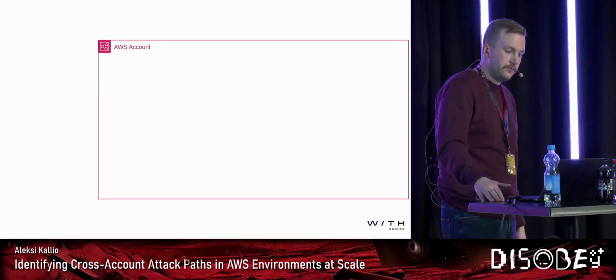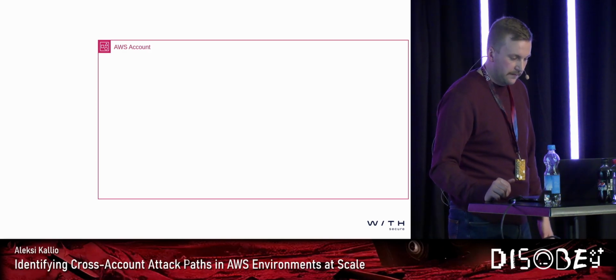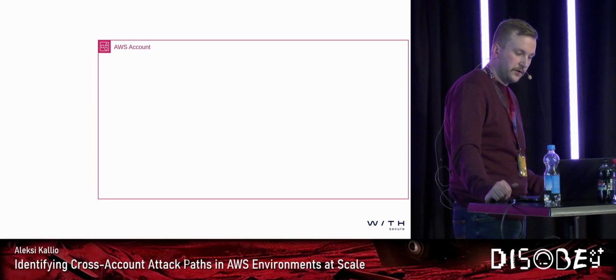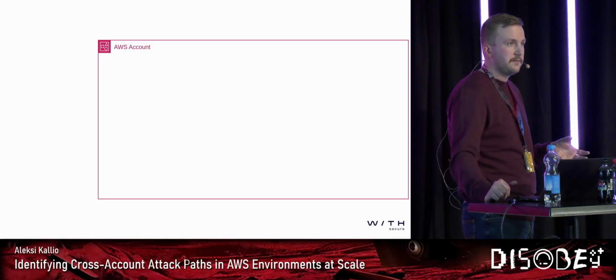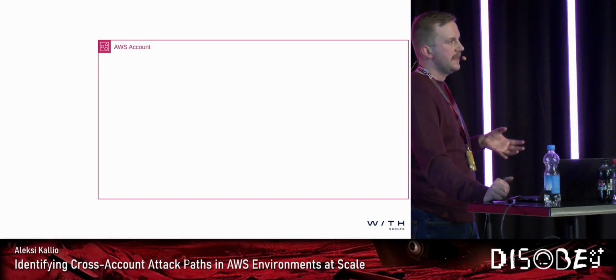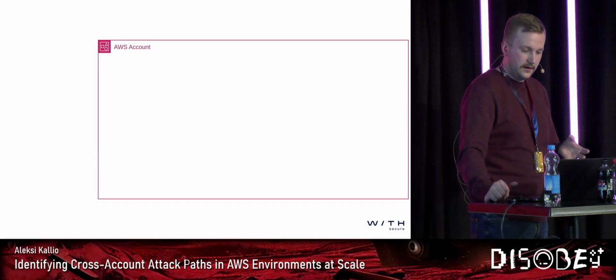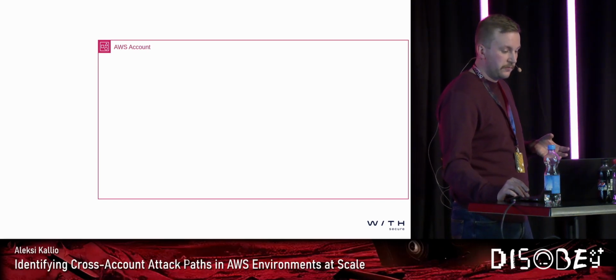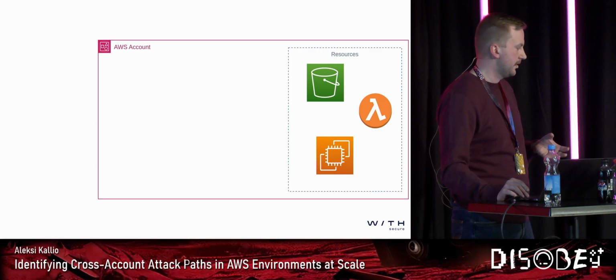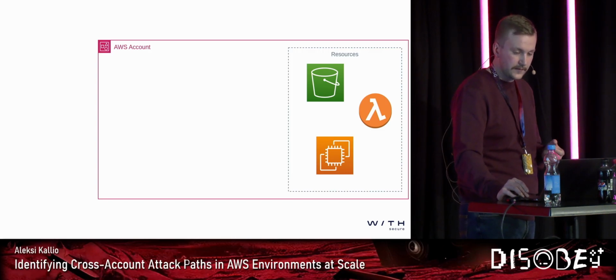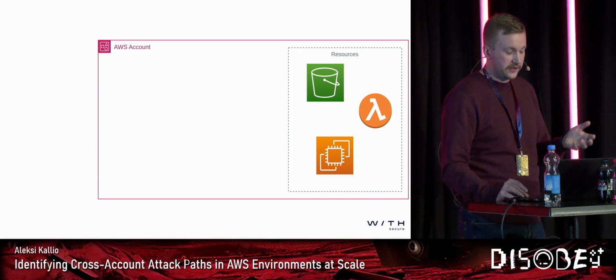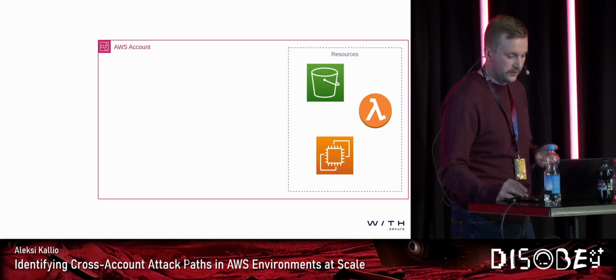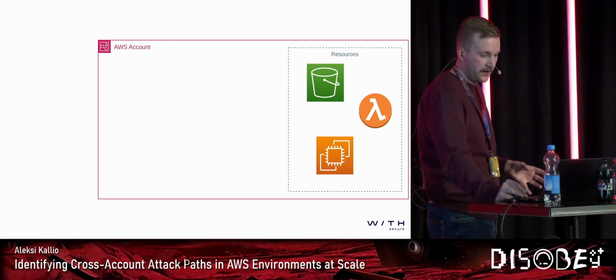Okay, so to understand how AWS IAM works, we start from an account. An account is basically in AWS the basic building block of everything. All the resources you create in AWS are always inside an account. Resources means the virtual machines, EC2s, Lambda functions, whatever databases you have, they are contained inside an account.